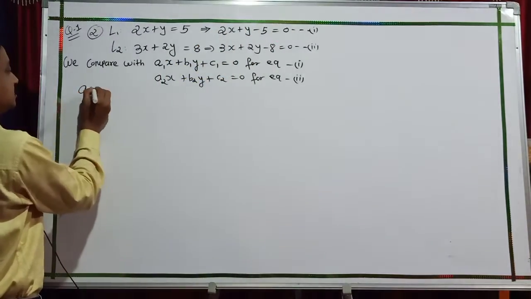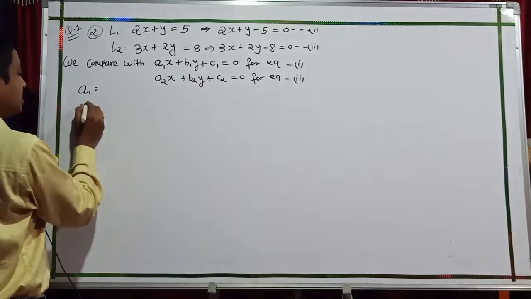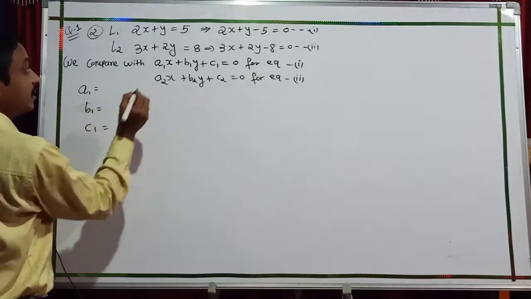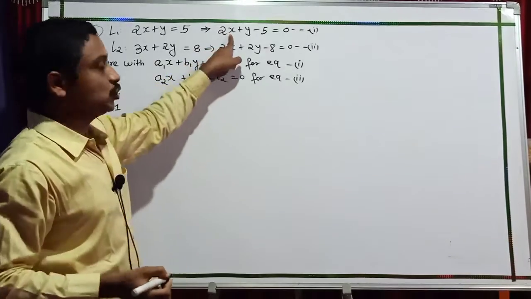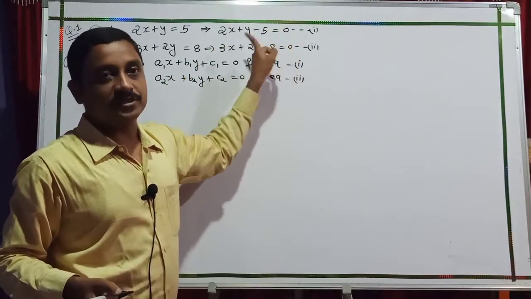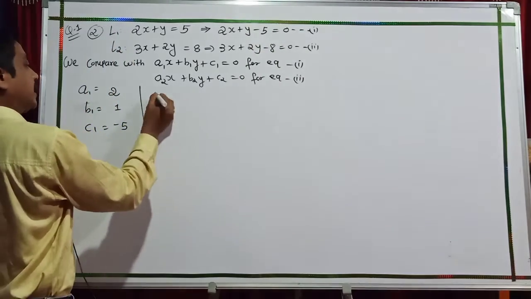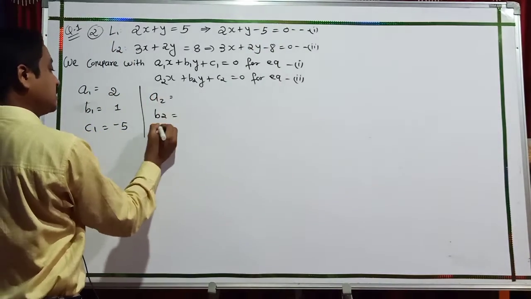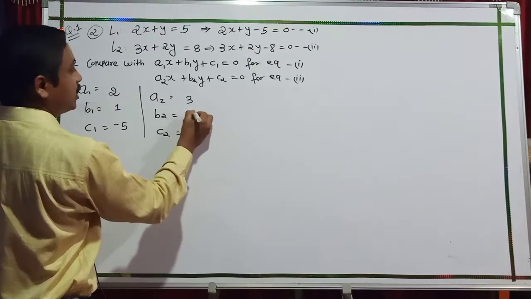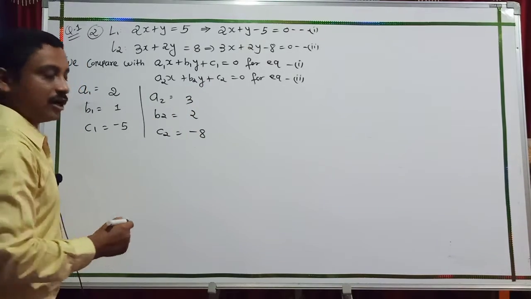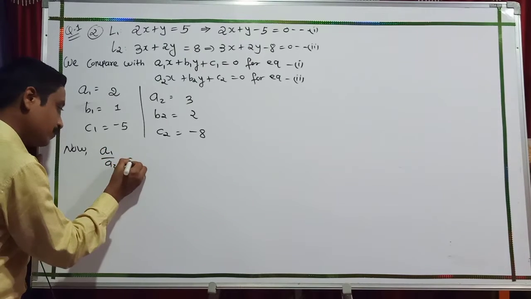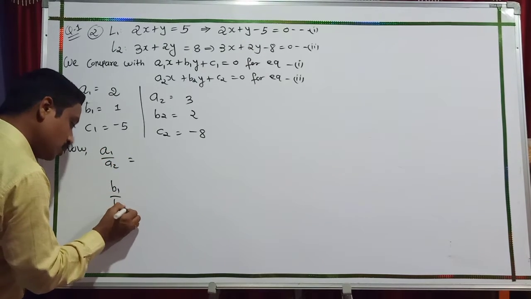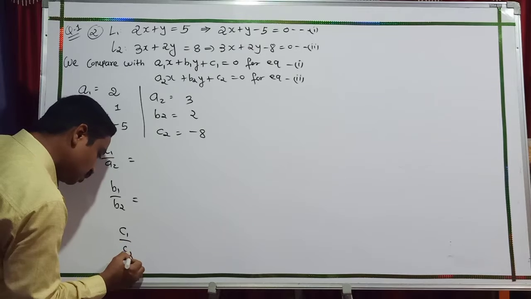So a1, b1 and c1 are 2, 1 and minus 5. Look here, 2, 1 and minus 5. Same for the second one, a2, b2 and c2. What is a2? 3, 2 and minus 8. Now I start our condition level, a1 by a2, same b1 by b2 and same c1 by c2.